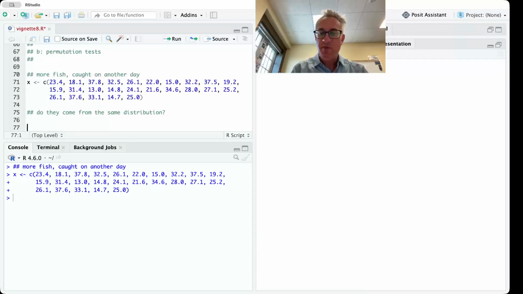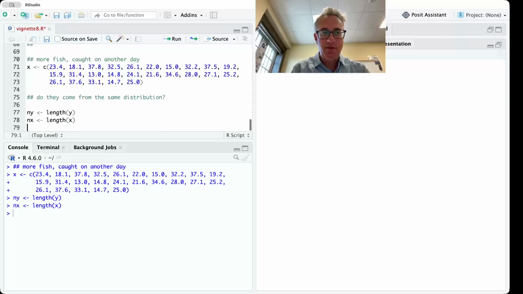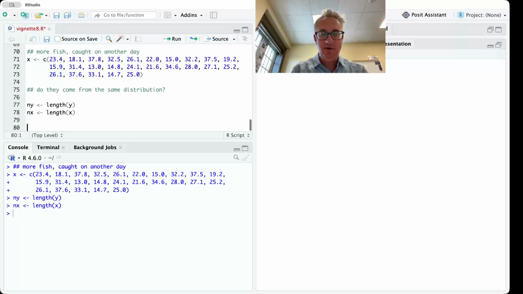Okay, so I'm going to extract these dimensions. We had length of y as n before, but I want to call it ny now so I can have it kind of match symbolically with nx. Okay, so those are the lengths. Let's form the combined sample.